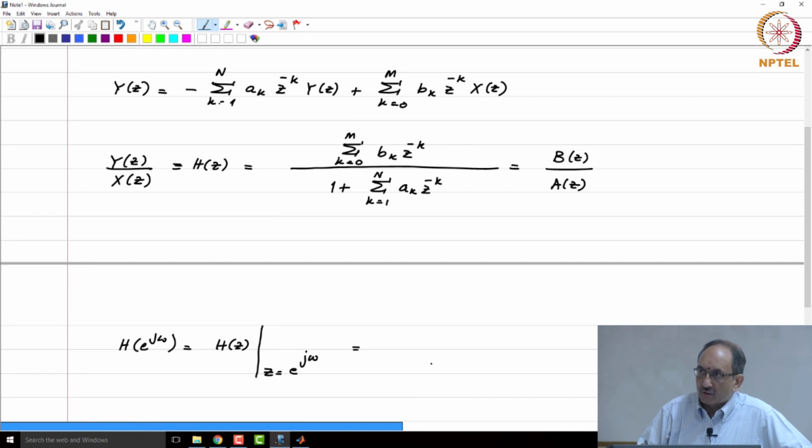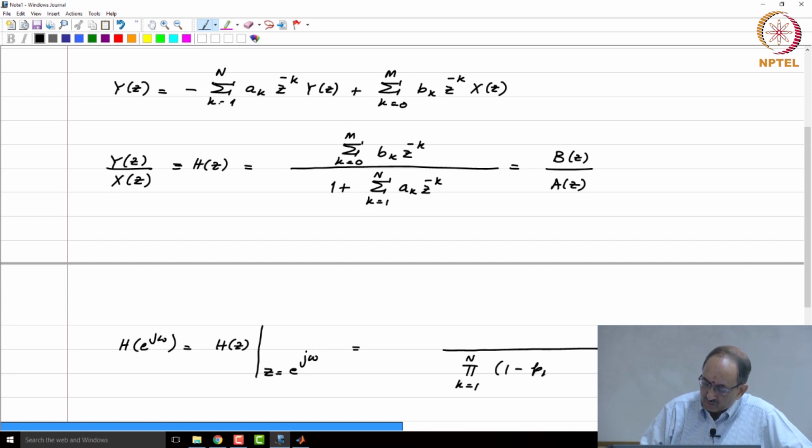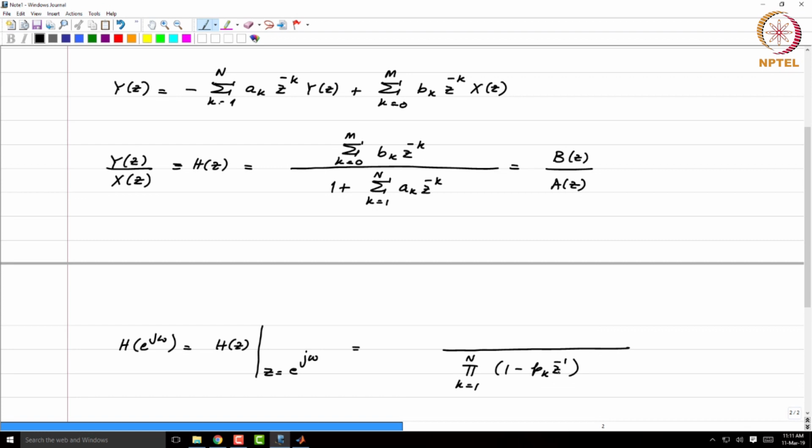That is, we will factor the numerator polynomial and the denominator polynomial. Therefore, the denominator becomes product over k going from 1 to capital N of 1 minus p_k z inverse. All I have done is I have now expressed A of z in terms of its roots, and the numerator is product over k going from 1 to capital M of 1 minus z_k z inverse, where z_k are the zeros and p_k are the poles.